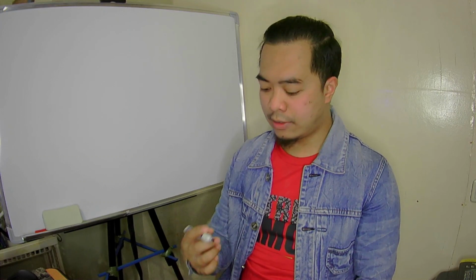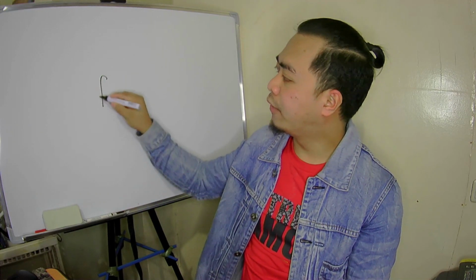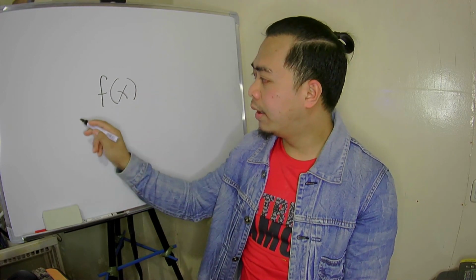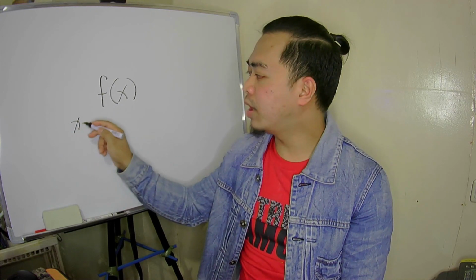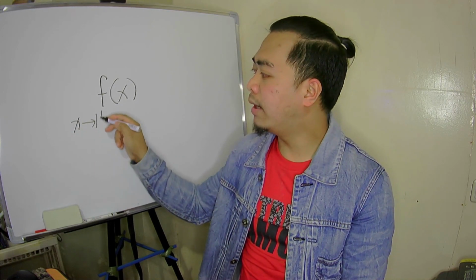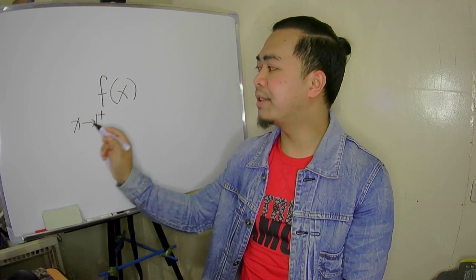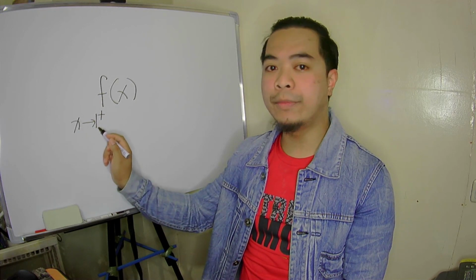Yung nakita natin, yung observation na yun, how do we write it mathematically? So we have a function, that's f of x. Sulat lang natin dito, f of x, that's our function. If x is approaching positive 1 from the right, this notation here means we are taking x values that are close to 1 from the right.